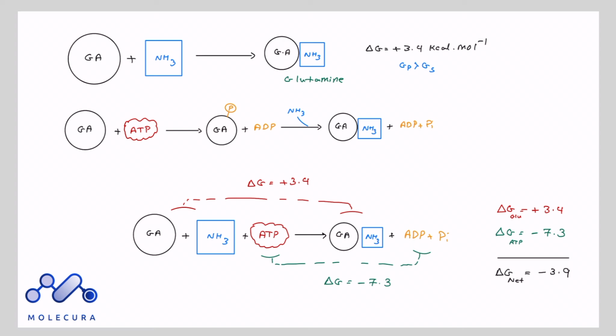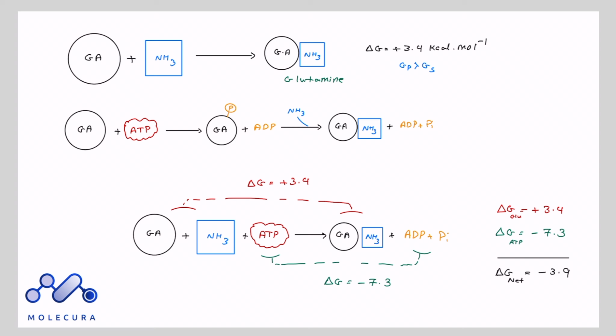Now to review this one more time, we are going to have glutamic acid and ammonia. When they want to form glutamine, we have a delta G of 3.4. Here we have the energy of the products more than the substrate, which means energy is needed. Here we have more energy and here we have lower energy. So energy is needed for this reaction to happen. But once we add ATP to the equation, we have the same reaction, but with hydrolysis of ATP happening as well.